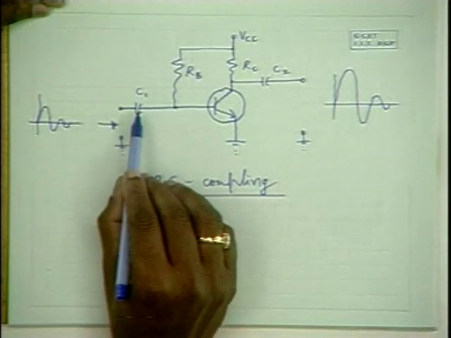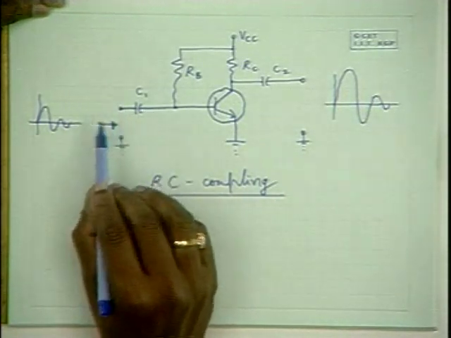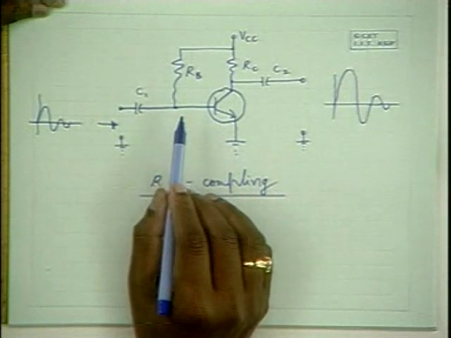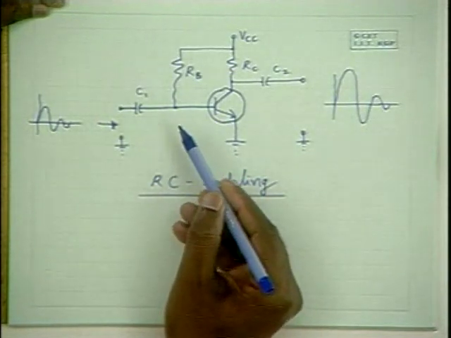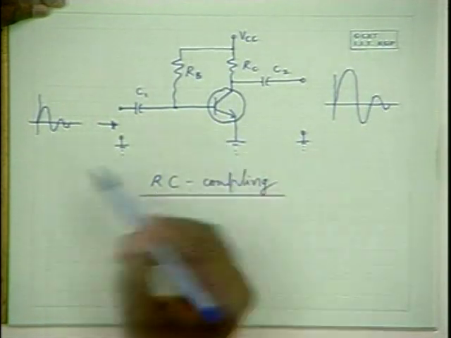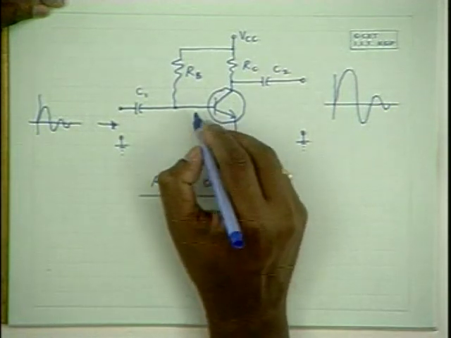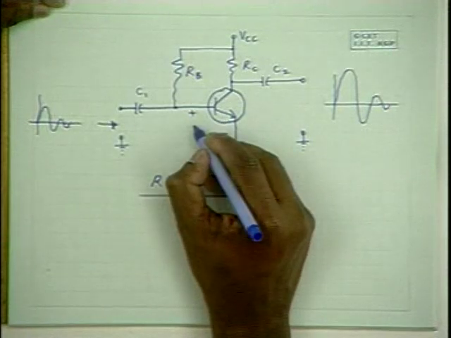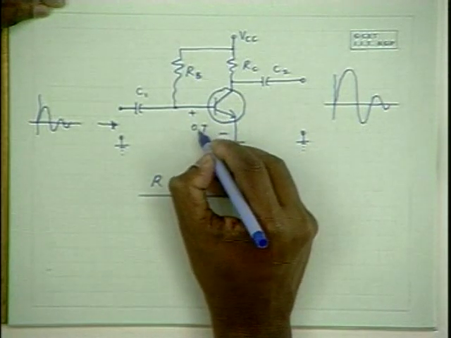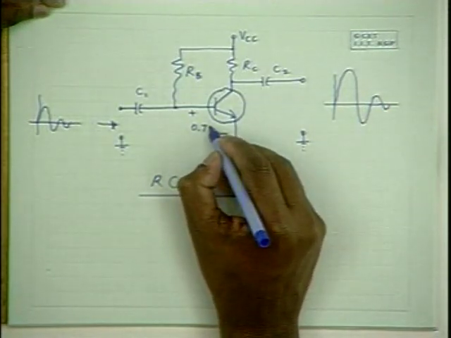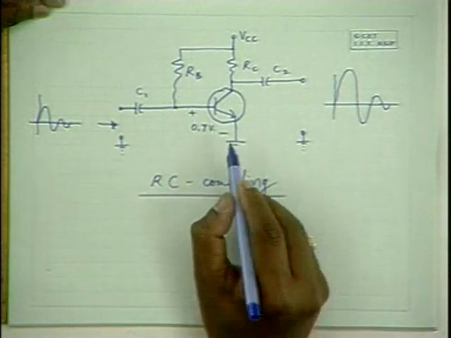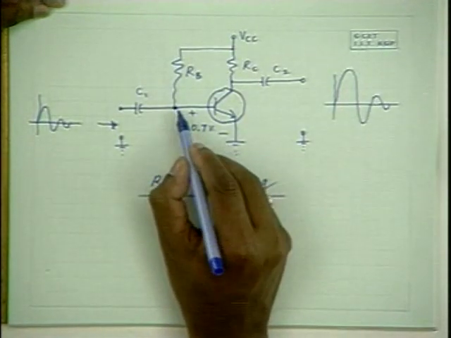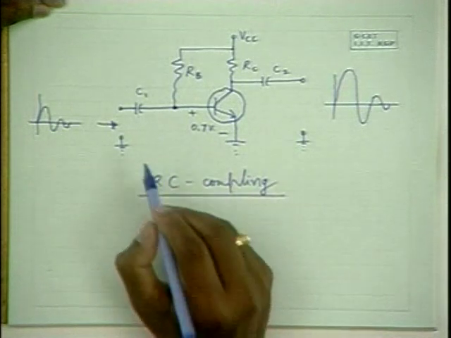Now, how does the capacitor couple alternating signals and avoid the DC signals being coupled? Please note that in this circuit, under active region, if it is a silicon transistor, the voltage here is about 0.7 volts. That means this point is at plus 0.7 volts with respect to the ground.